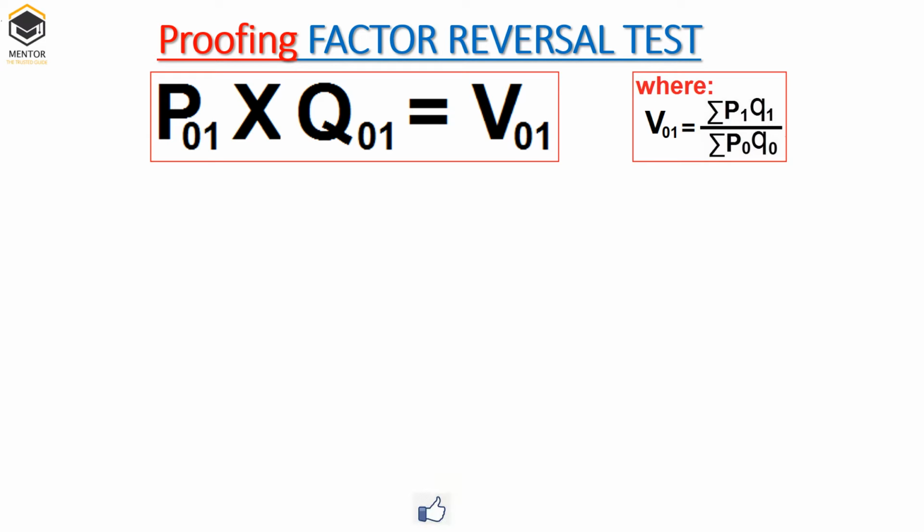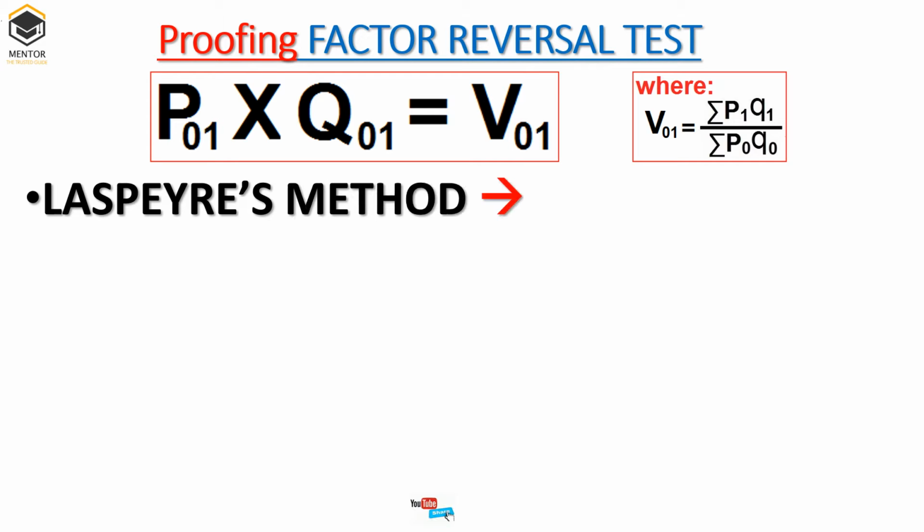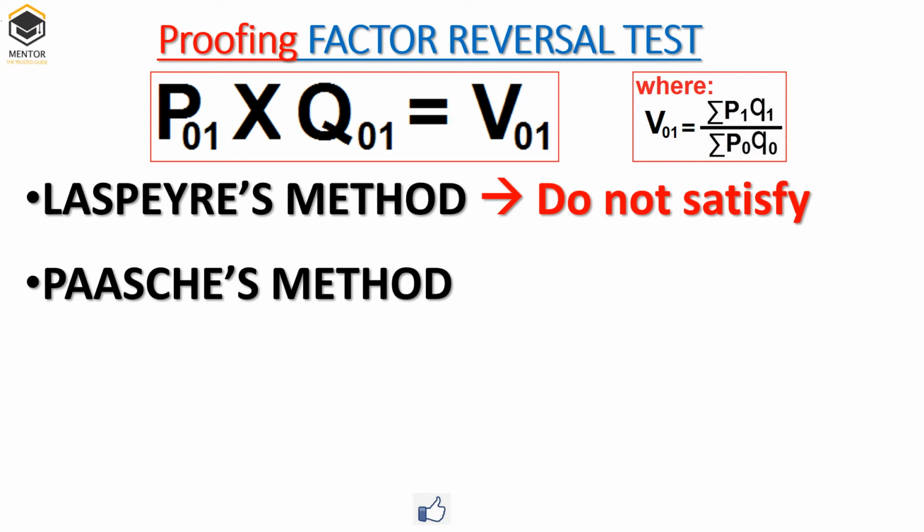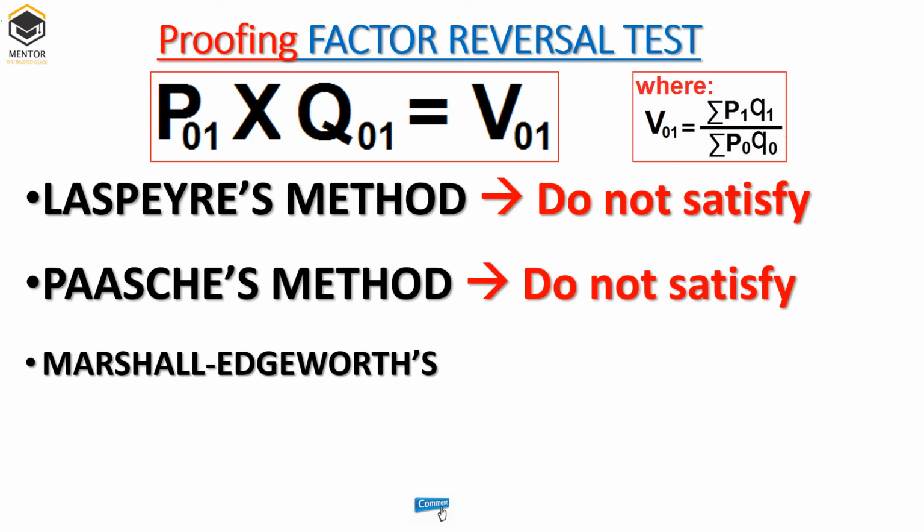Let's see which formulas or methods satisfy the factor reversal test. Laspeyres method is not going to satisfy the factor reversal test. Paasche method is also not going to satisfy it. Marshall Edgeworth method is not going to satisfy it.